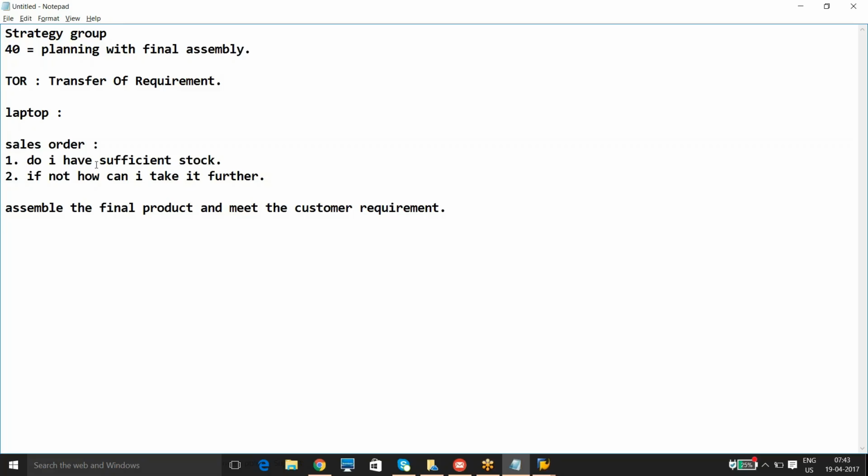Because of the overall GATP, the global availability to promise, irrespective of whether you use an advanced method or a basic method, the concept we are going to speak about now, whether it is a check mode or check instruction, will be common across all the different methodologies which GATP uses. That is the reason it ensures that these two questions have been addressed.